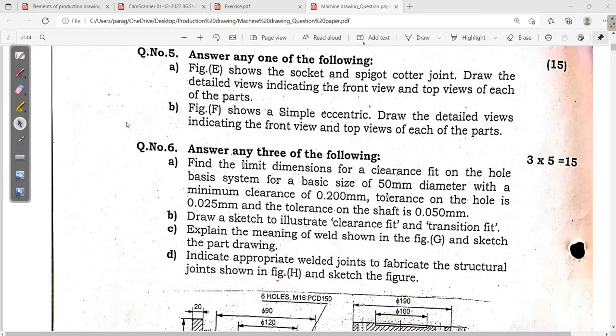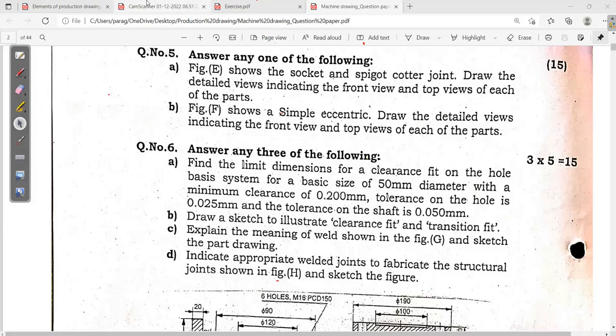So this is question number 6A from your January 2021 paper. Just try to solve this. Now the next question: draw the sketch to illustrate clearance fit and transition fit. You have this directly in the PDF. Draw the sketch to illustrate transition fit and clearance fit.